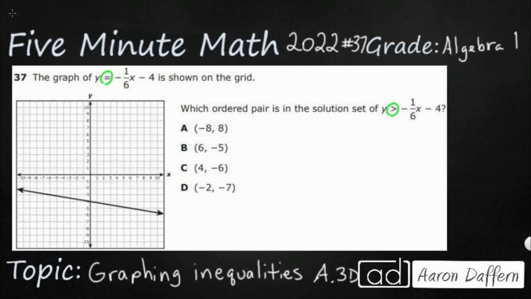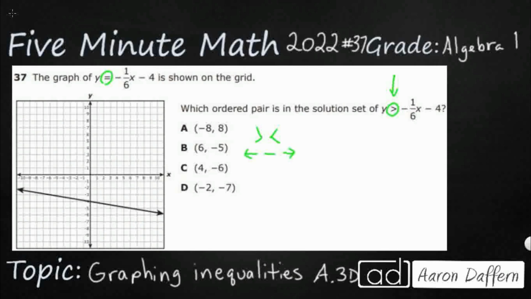Okay, so we need to know two things about this line. Since they've already graphed this for us, that's fine, but we can quickly identify two things from just looking at this inequality. First, let's look to see what type of line it is going to be. Is it going to be dashed, dotted, or solid? When you have a less than or a greater than, you have a dashed line, some people call it dotted.